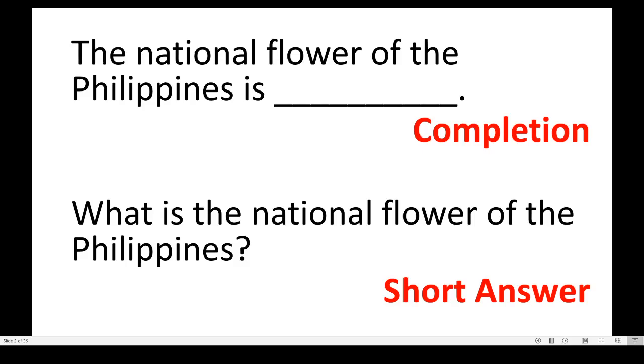So you have a question or a statement and you have to provide the answer to that question or statement. So for example, the national flower of the Philippines is blank. This is an example of completion type of test. And then if you want to transform that into a short answer test, then it will be: what is the national flower of the Philippines? So that is the difference between completion and short answer.